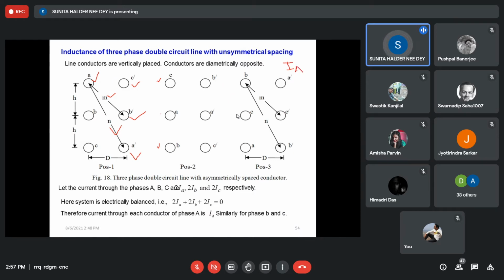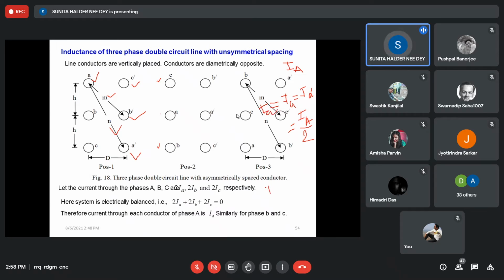Then obviously IA and IA dash, if the conductors are symmetrical, will each be equal to IA by 2. Then there will be unnecessarily two terms in the expression. To avoid that, we may assume that Ia and Ia dash both are carrying current equal to Ia.